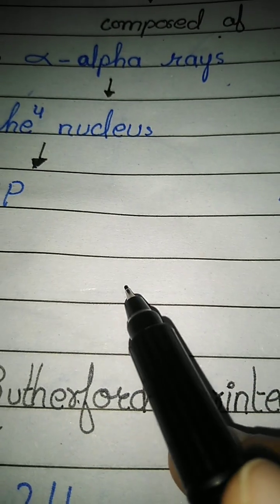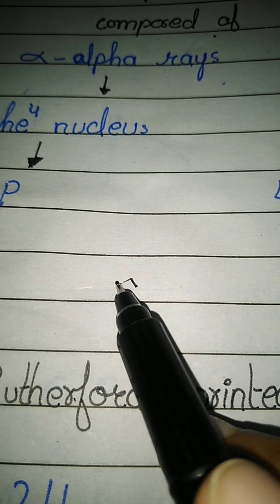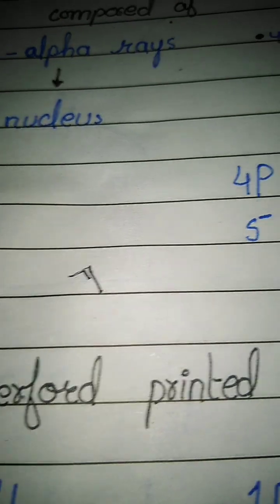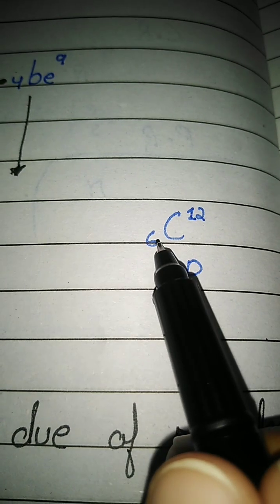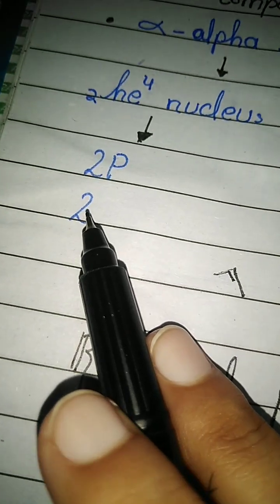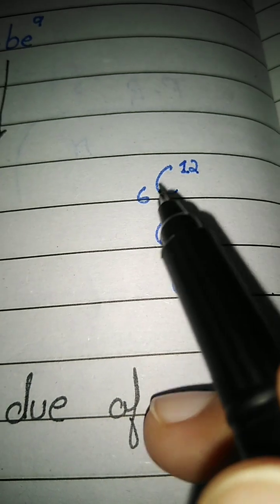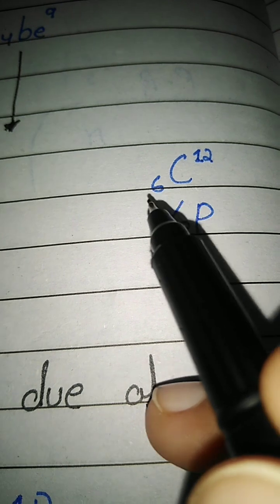After adding 2 and 5, the number 7 would be the answer. But after adding the protons, he got the number 6. After adding the 2 and 5, the carbon atom is formed, but the atomic number is 6.